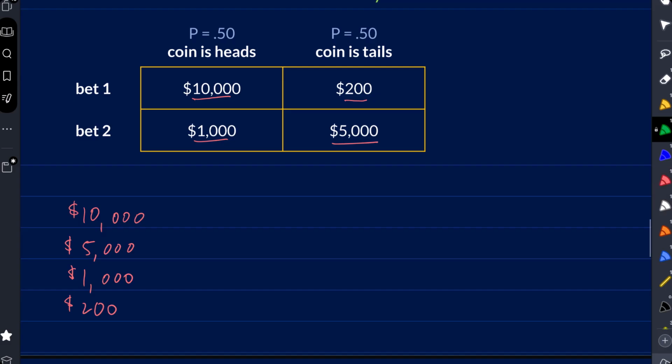Okay, then our next step is to assign 1 to the most preferred outcome and 0 to the least preferred outcome. So now our task is to determine the utility values for the $5,000 and the $1,000 outcomes.